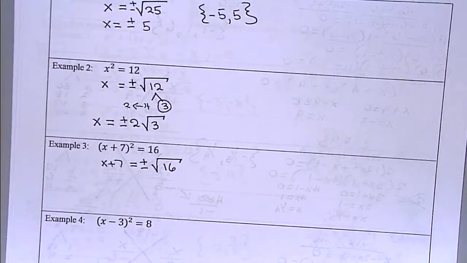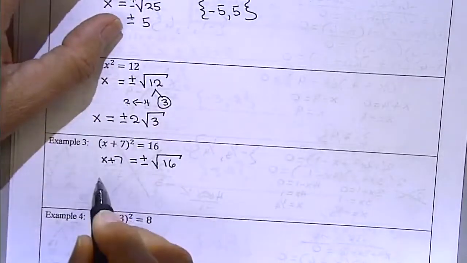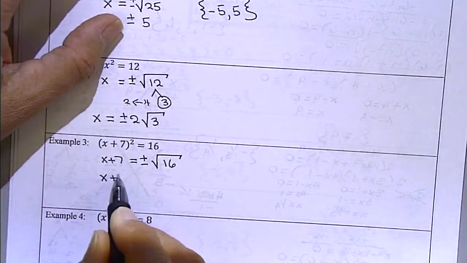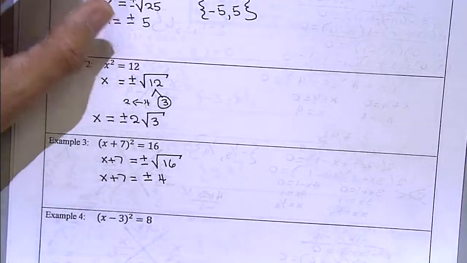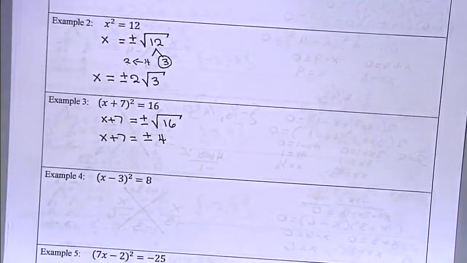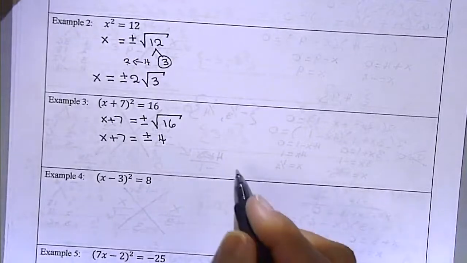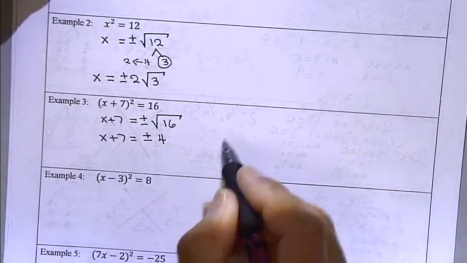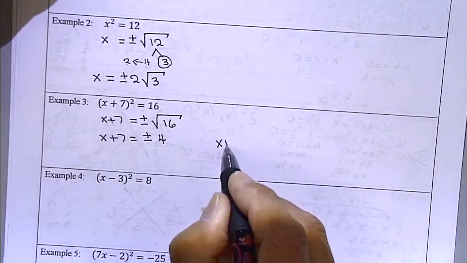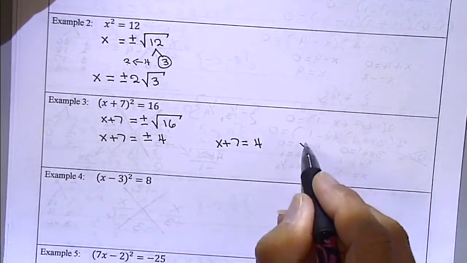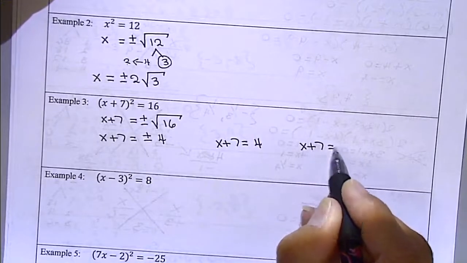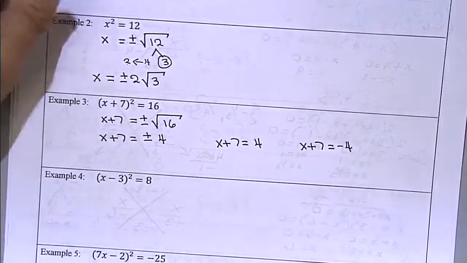Now, what's the square root of 16, everybody? 4. Let's rewrite this thing. x plus 7 is equal to plus or minus 4. Now, there's nothing complicated about any of these numbers, so I can simply solve for this, okay? I can say x plus 7 is equal to a positive 4, and x plus 7 is equal to a negative 4, right?